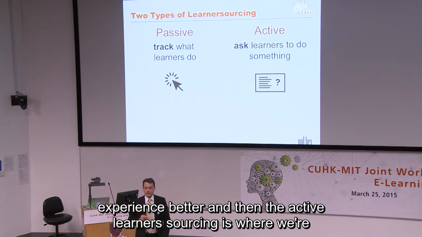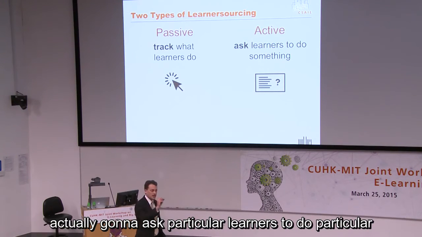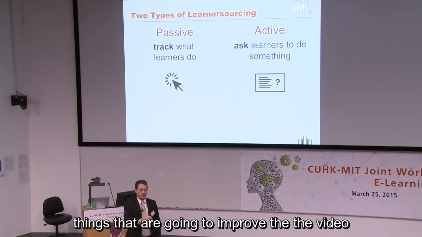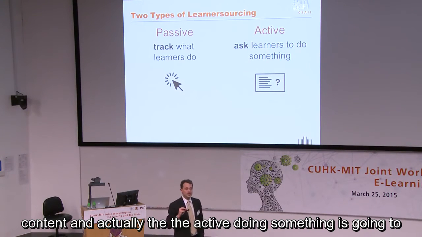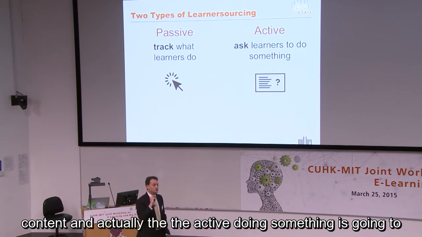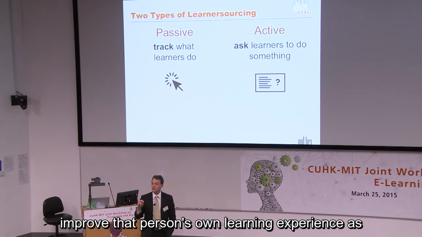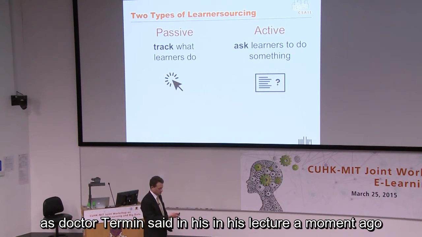And then the active learner sourcing is where we're actually going to ask particular learners to do particular things that are going to improve the video content. And actually, the act of doing something is going to improve that person's own learning experience, as Dr. Terman said in his lecture a moment ago.